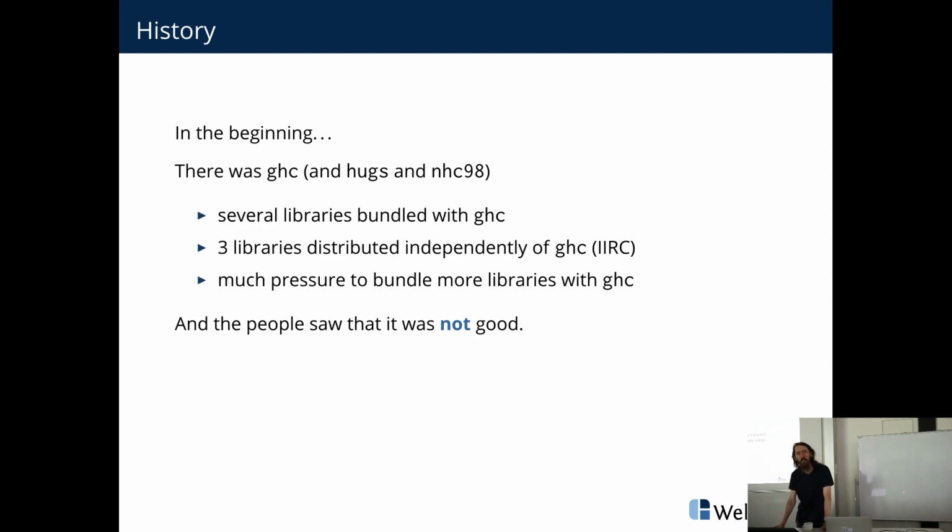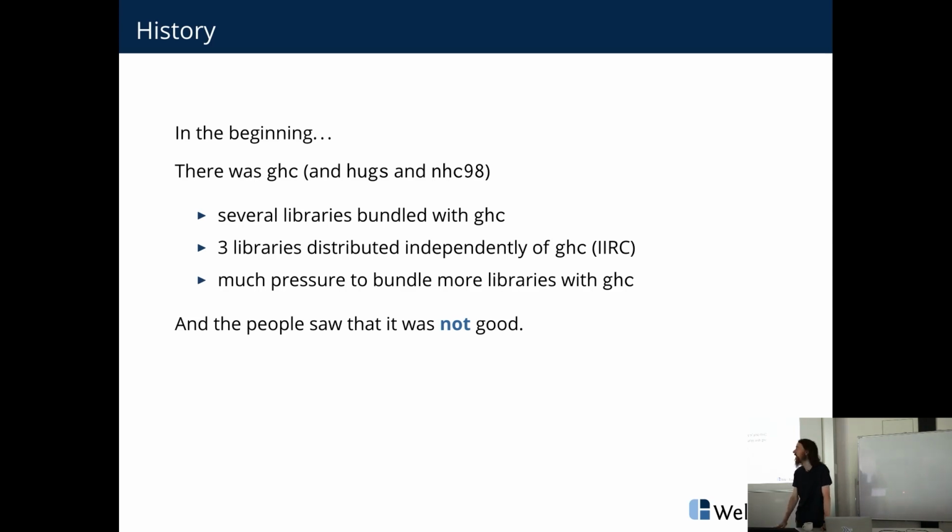I now can't remember what they all were. I think HaskellSML was one of them. I think GTK2HS was another, and I can't remember what the third one was. But that's the way I recall it, that there were really very few libraries.